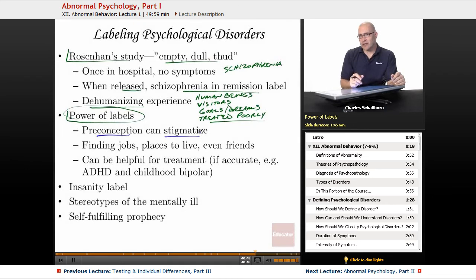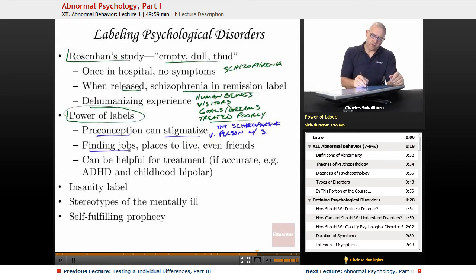Does that wording change our perception? The schizophrenic versus the person with schizophrenia. How does that change our perception of the person, of the circumstance, of the disorder?